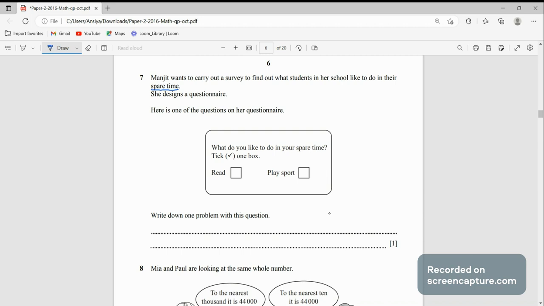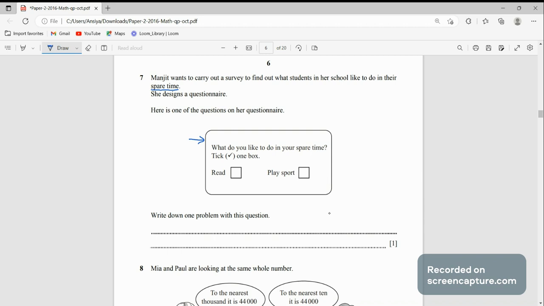Remember, you want to know what your friends in school like to do, and you are conducting a questionnaire. I hope you remember the chapter where we learned about primary data, secondary data, survey, questionnaire. Now this is one of the questions from the questionnaire. Tick one box: read, play sport. This is how Manjit is designing the questionnaire.